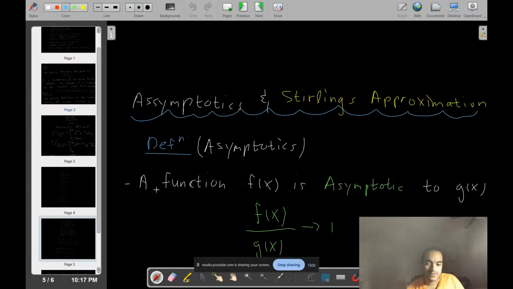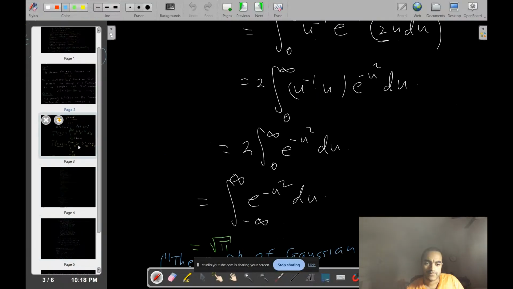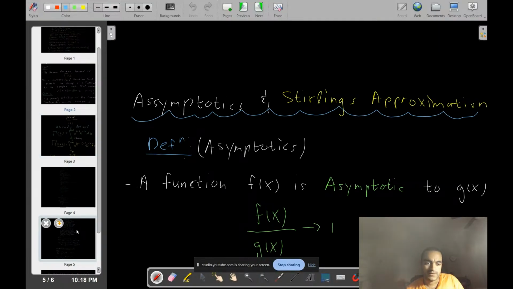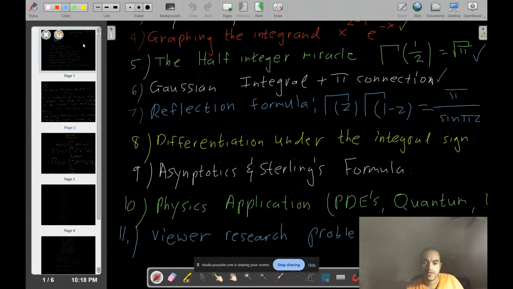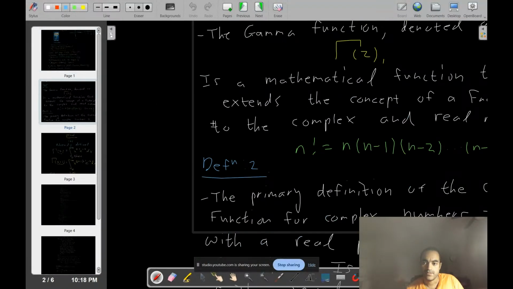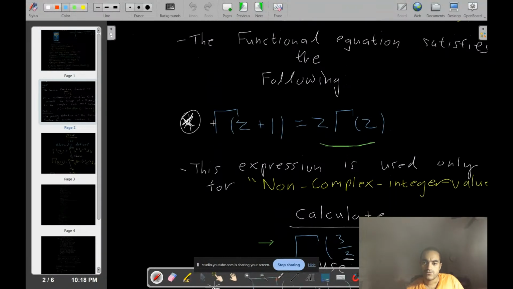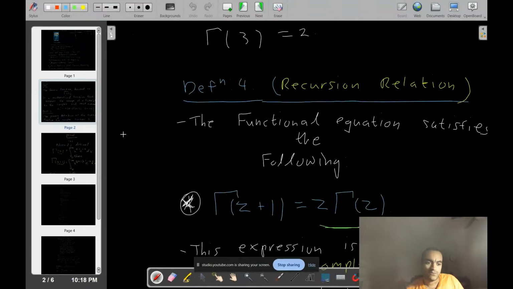We're going to talk about asymptotics and Stirling's approximation. Oh, what am I doing? Not Stirling yet. Where are we? What are we talking about? We're talking about gamma of z, gamma of 1 minus z. One second. Do I have it here? I wanted to talk about it.